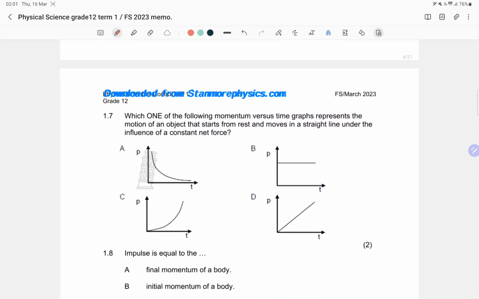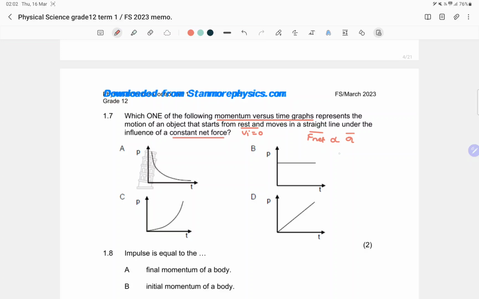Now, which one of the following momentum versus time graphs represents the motion of an object that starts from rest, so the initial velocity is 0, and moves in a straight line under the influence of a constant net force. So we know that the net force is directly proportional to acceleration. So once the net force is constant, it means there is a constant acceleration, right?